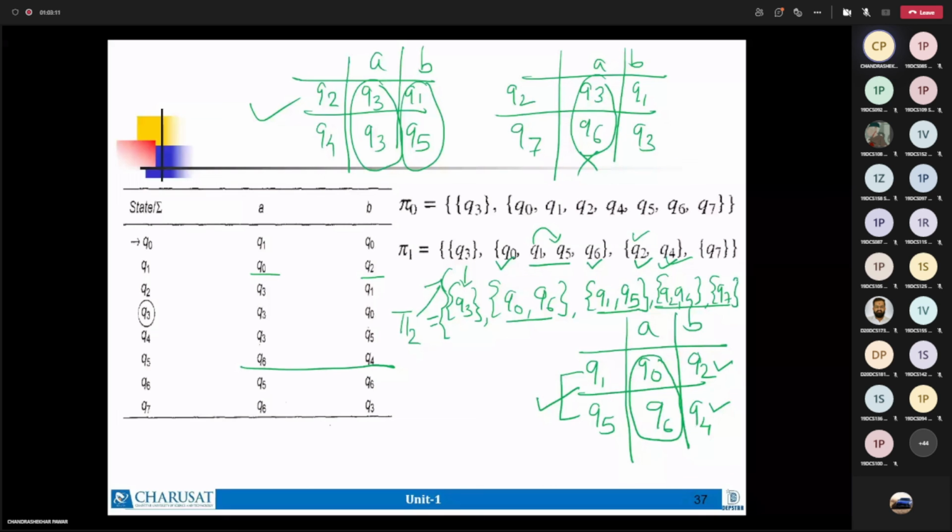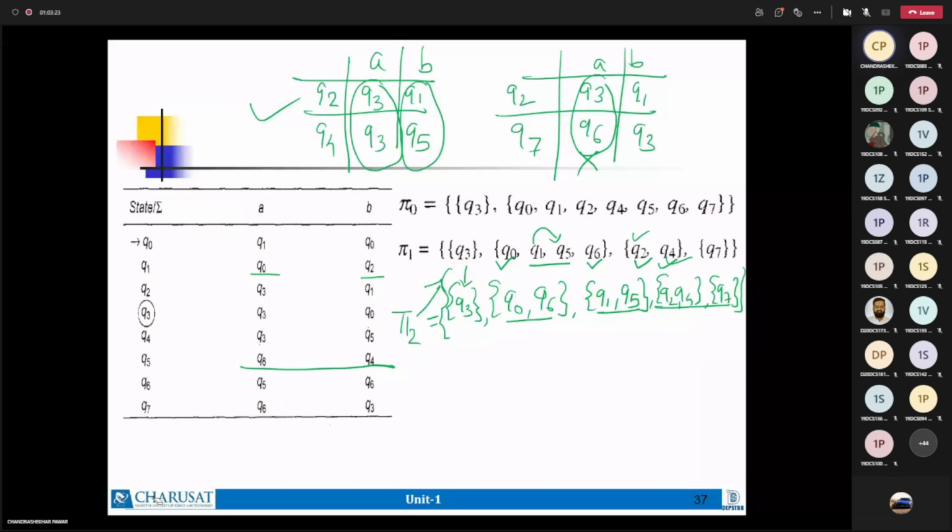So if we are going to prepare the pi 3 and obtain the same set, then we have to stop. And what we have to write down? That pi 3 is equivalent with the pi 2. But before that, we have to prepare that.